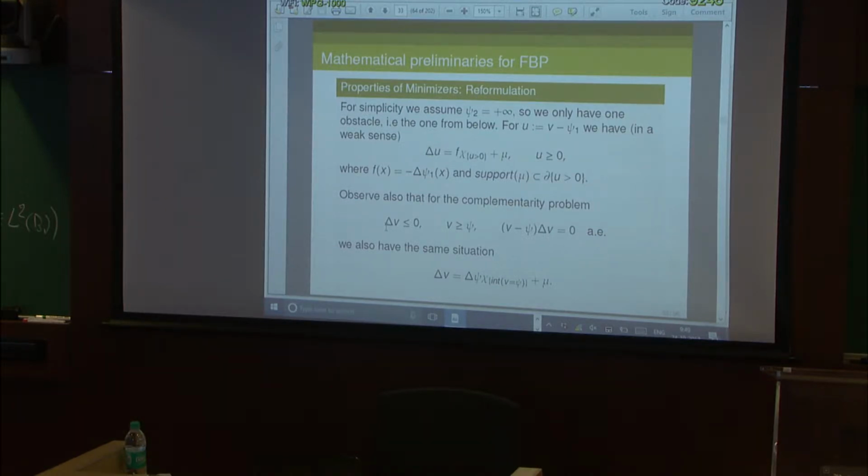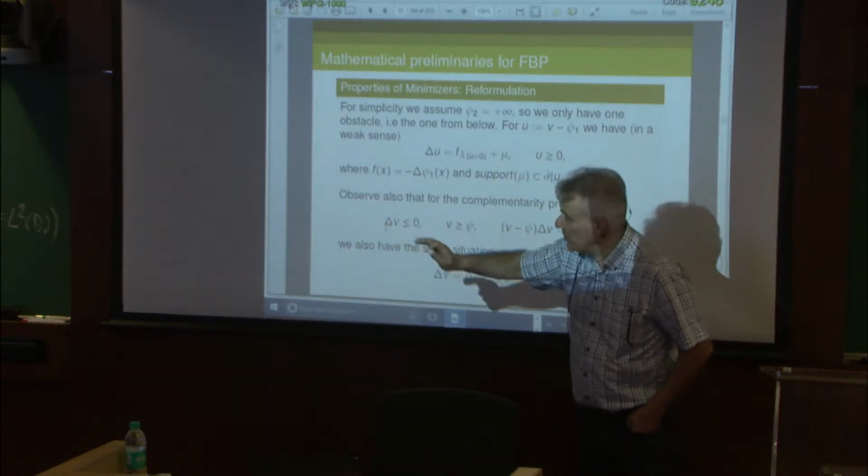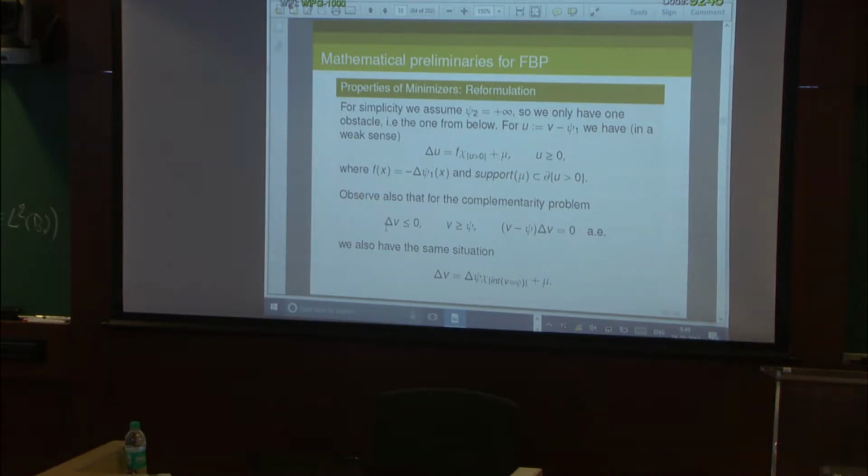So you start from your green board there, and then you have your function v, which minimizes this. You come down by reformulating, you get this. The only thing you need here is that this function f, which is the Laplacian of psi, belongs to L2, in order to make a definition for this, because you're taking second derivatives. You can allow it to be C2, but you don't really need that.